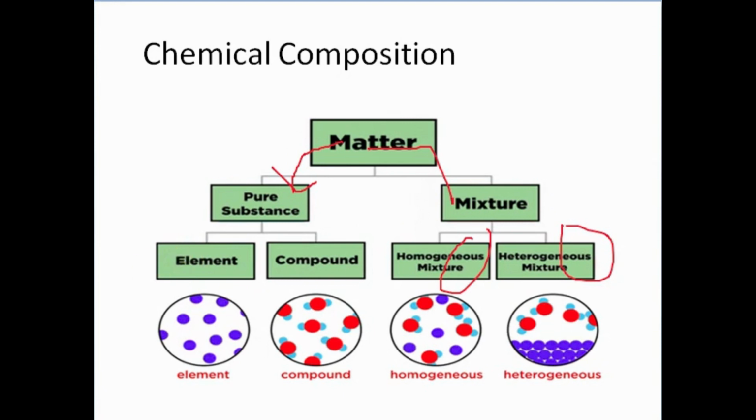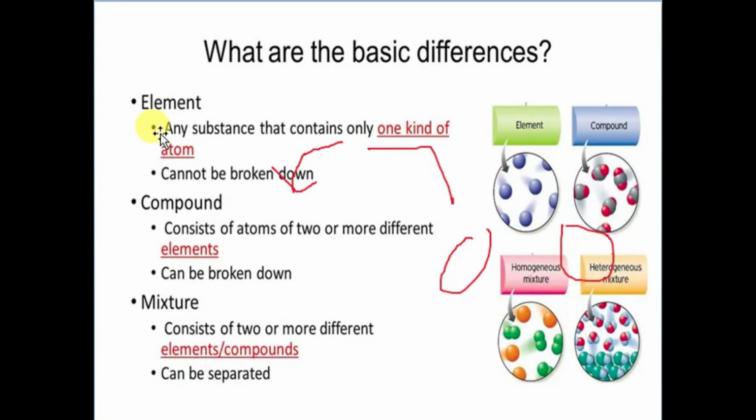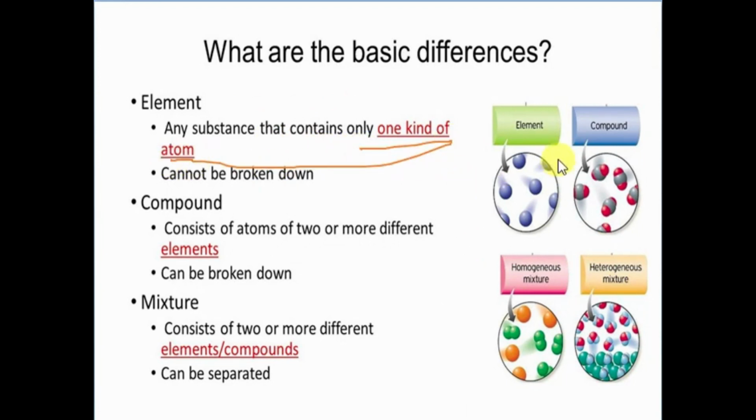If we see the definition in this slide, a substance that contains only one kind of atom is called an element. So in an element you can see only one kind of atom. In compounds, two or more different kinds of elements form a compound.